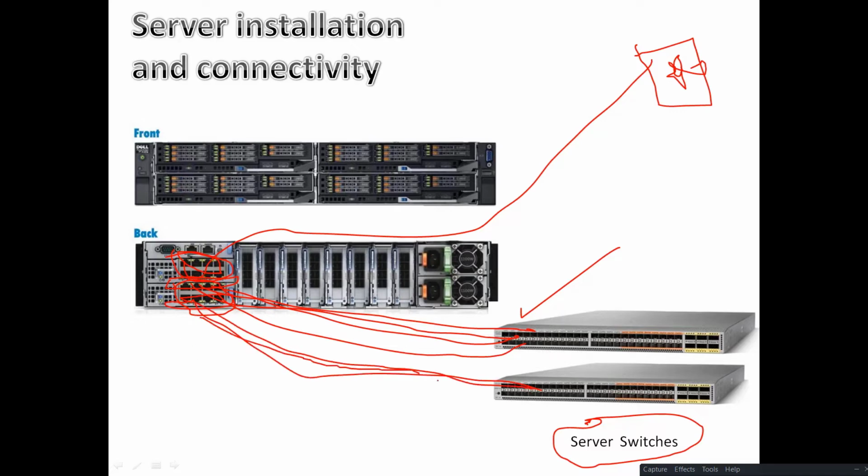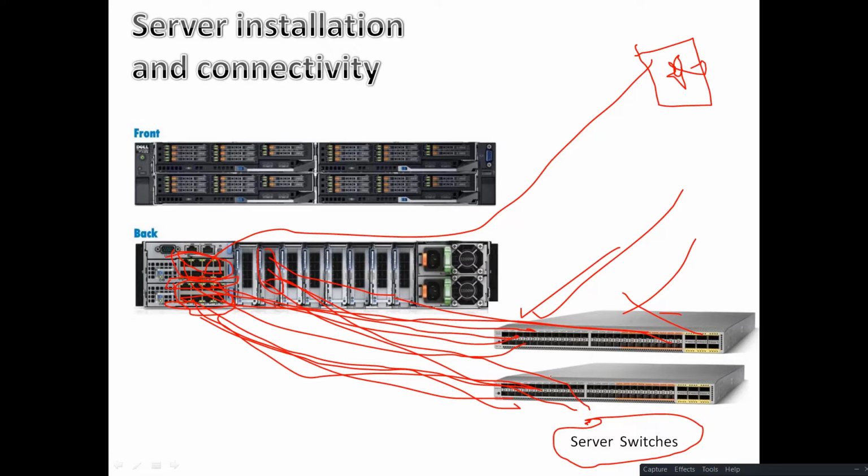So it's redundant, and from the individual server switch, two ports go to the upper one and two ports to the lower one. So we will have physical redundancy as well as device-level redundancy. If this goes down, every server can reach via the other switch, and if switch A on the back side of the chassis goes down, they still have connectivity from individual ports to the switch. So this is the server switch connectivity.